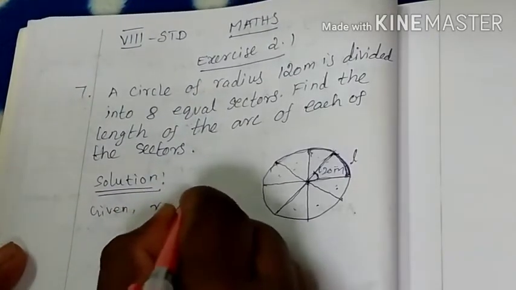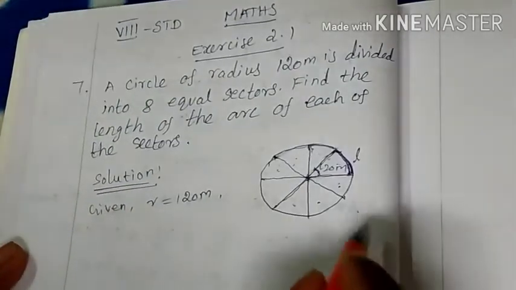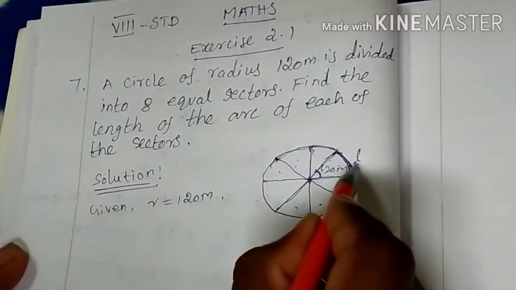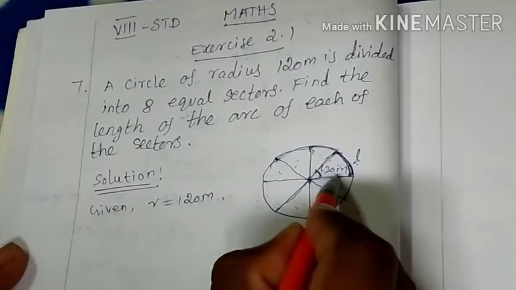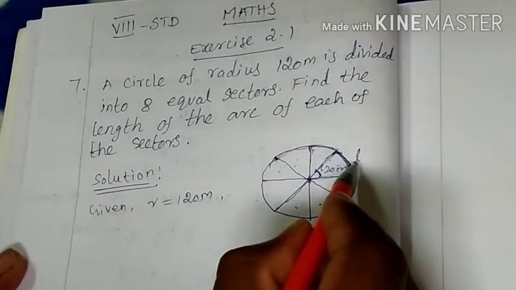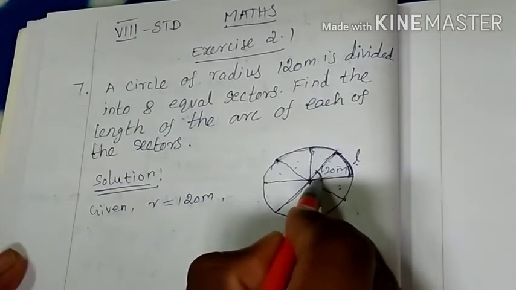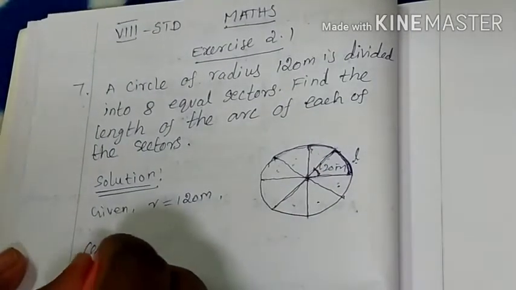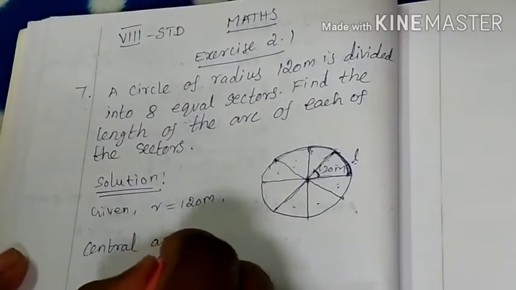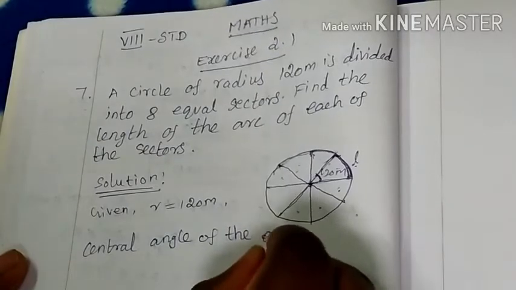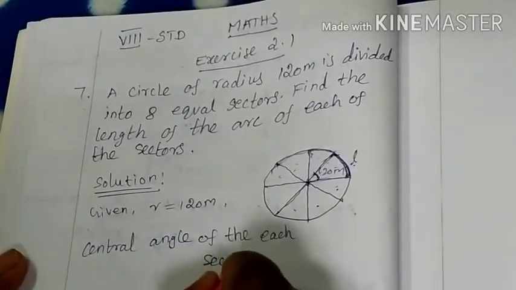r is equal to 120 meter. When we find the L value, in case you have theta and radius, you directly find out the arc length L. Now we want to find the angle, the central angle of each sector.